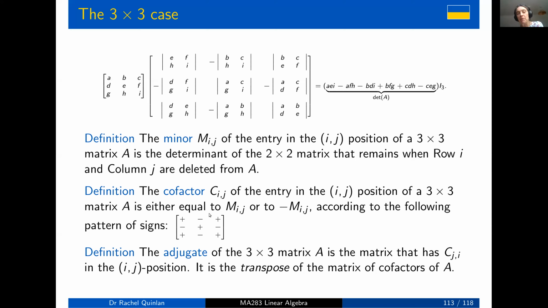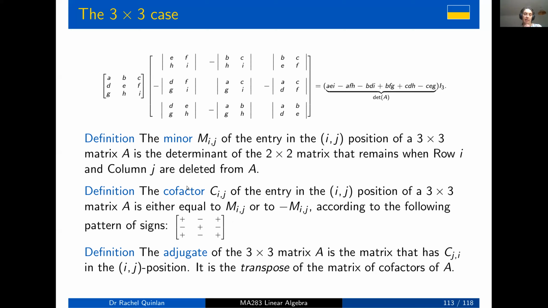So basically, if you're in a position that's labeled here with a plus sign, like the 1, 1 position or the 1, 3 position or the 2, 2 position, in those situations, the cofactor of the entry in that position is defined to be equal to the minor. If you're in a position that's labeled by a negative sign, like the 1, 2 position or the 2, 1 position or the 2, 3 or the 3, 2 positions, in those cases, the cofactor is the negative of the minor. Those are the 4 positions that are labeled with negative signs up here in the determinant description of the adjugate.